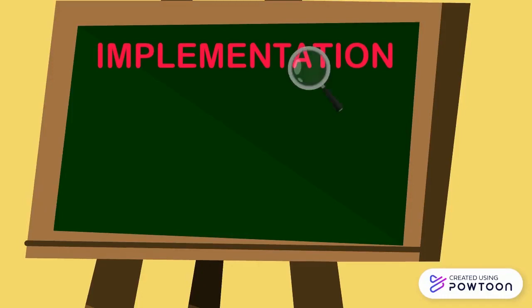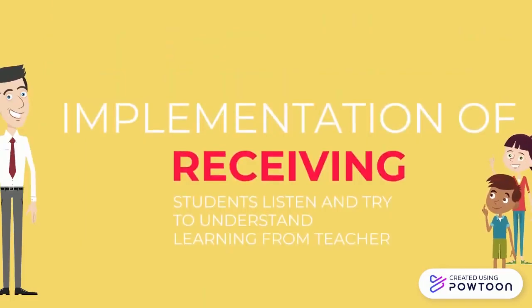The affective domain is related to the cognitive domain, where every affective process has a cognitive component. This can be seen at every stage of the affective process. The first implementation, receiving: students listen and try to understand learning from the teacher.